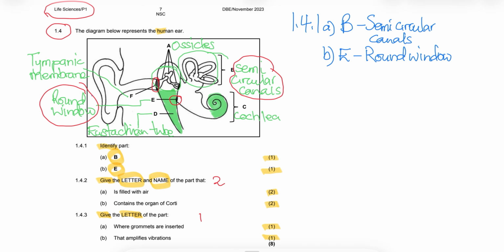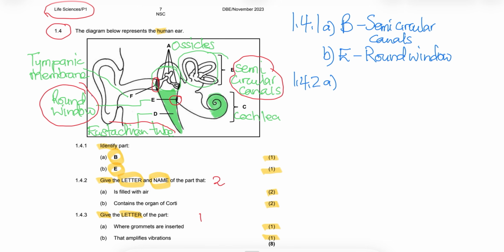We move on to question 1.4.2, part A. It is asking for a letter and a name of that part that is filled with A. The part that is filled with A is the Eustachian tube.